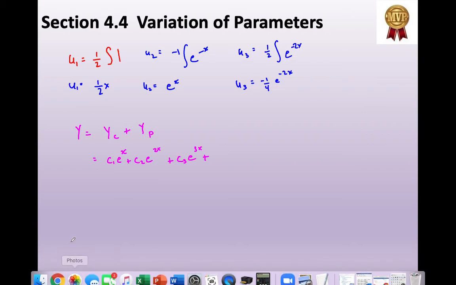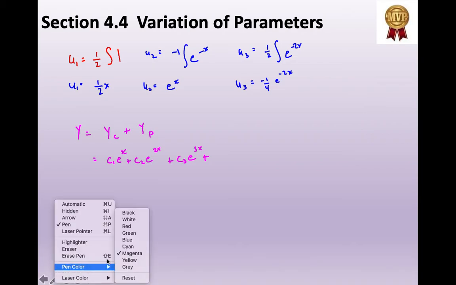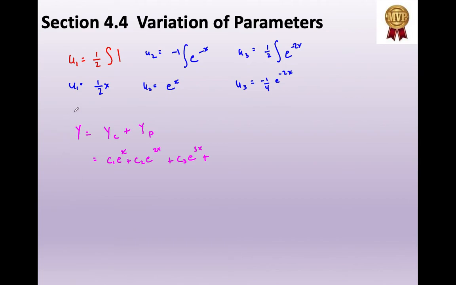But remember, the particular equation, right? The particular equation started out looking like this. u of 1 times y1, u of 2 times y2, and u of 3 times y3.